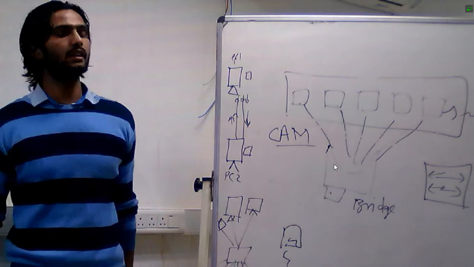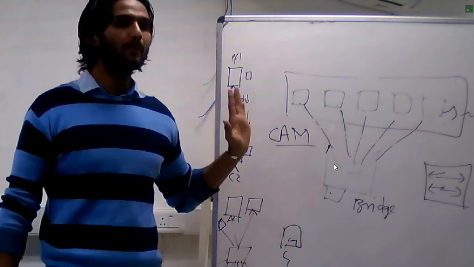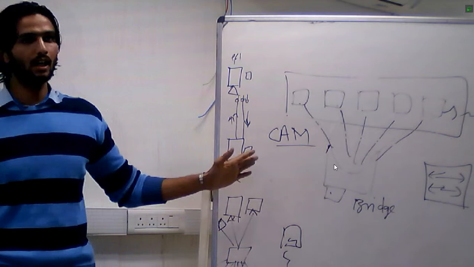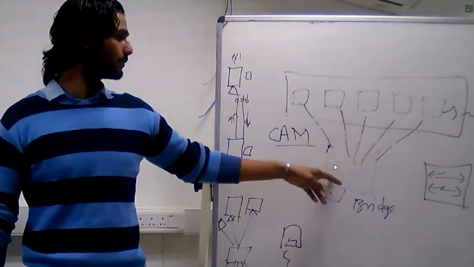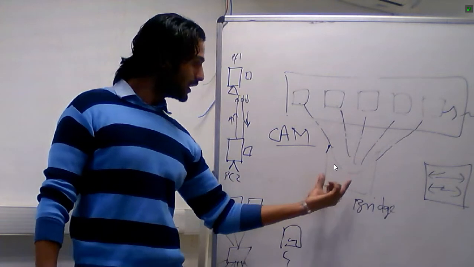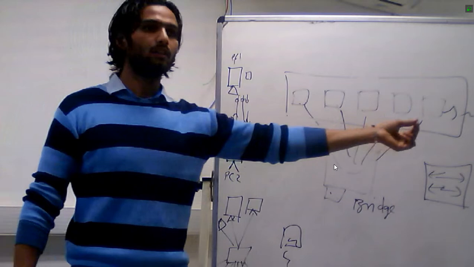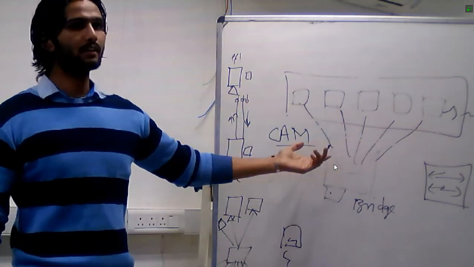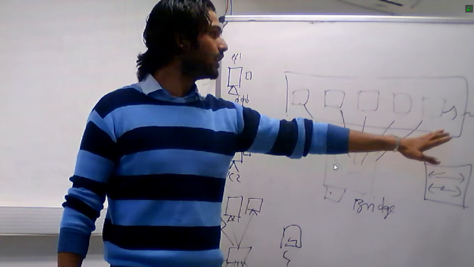Because initially we were facing the problem with our hub, that there is no CAM table, there is no memory in the hub. So anybody can come, but what does the hub do? It will just receive the packet and deliver it to all. It will send the packet to all. Like I have received the packet, it just decides to whom it concerns and replies to me.